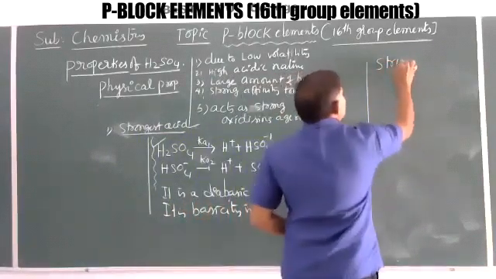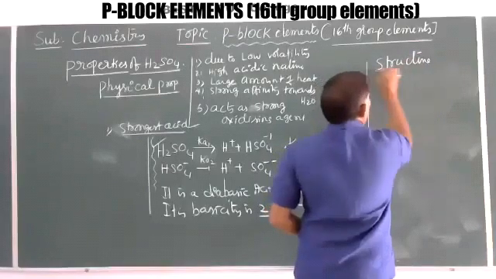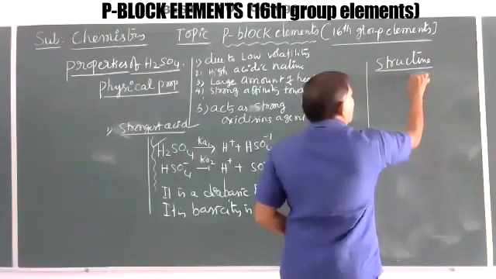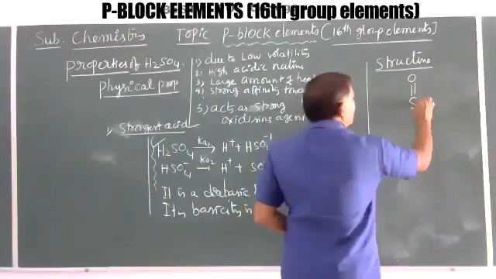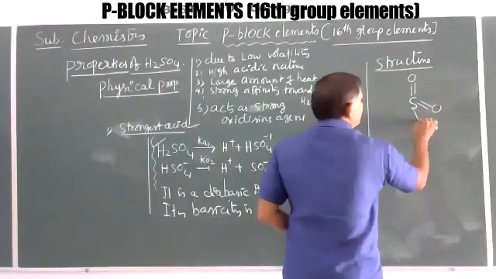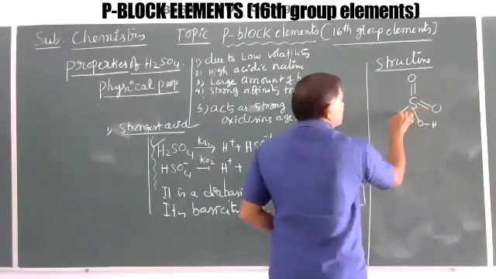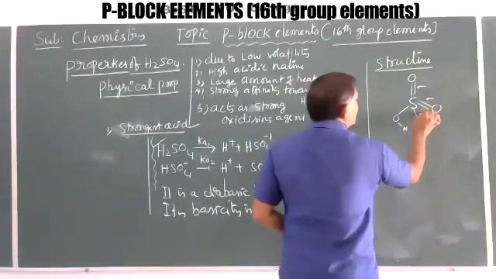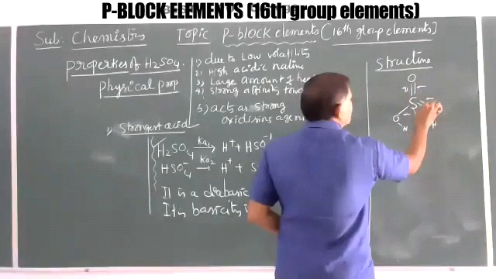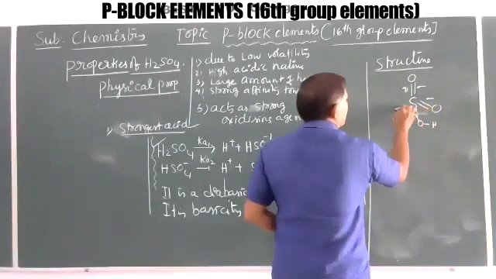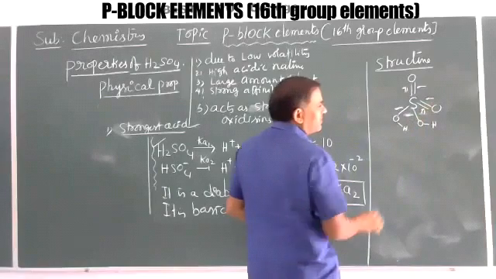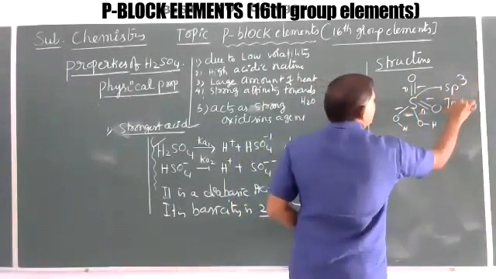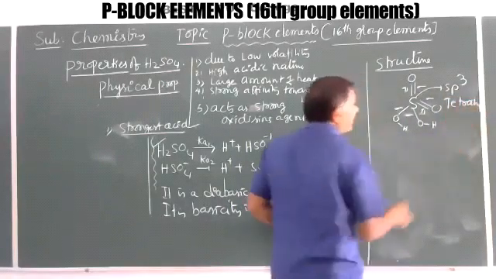Now here in the structure of H2SO4, one sulfur is connected with 6 bonds like this. Among these 6 bonds, 4 sigma bonds and 2 pi bonds are present. That's why this sulfur undergoes sp3 hybridization, tetrahedral geometry.